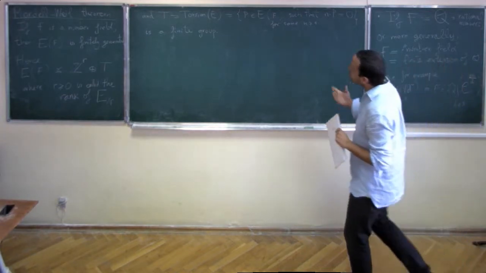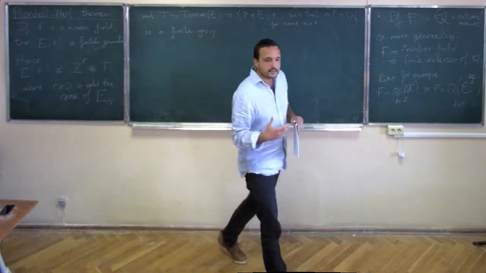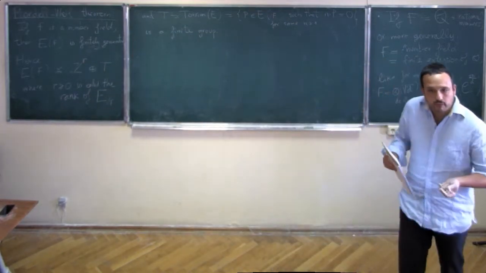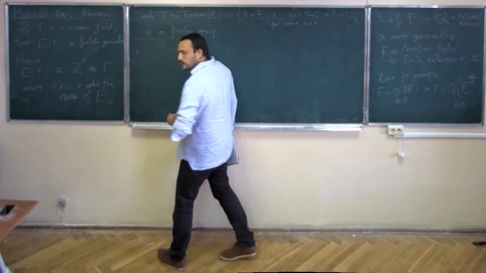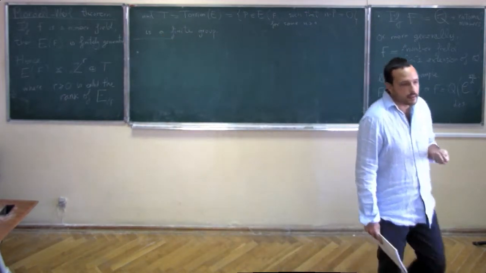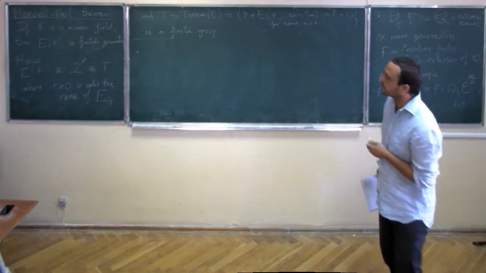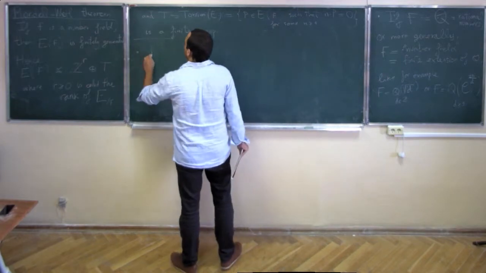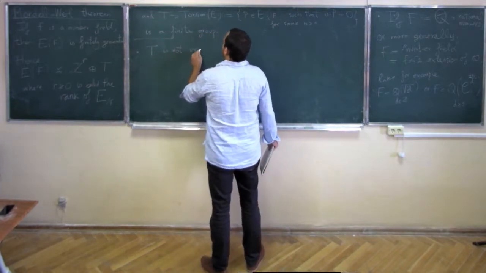So among these 2 invariants, R and T, T is less mysterious than R. So we know of methods that allow us to compute in practice T, and also we have important theorems describing this subgroup T. T is not very mysterious.